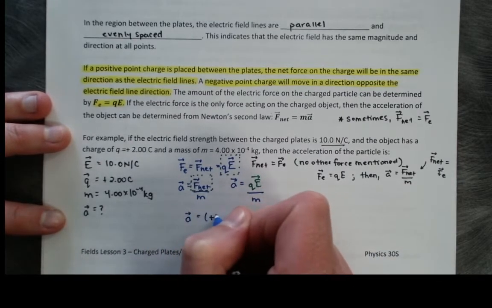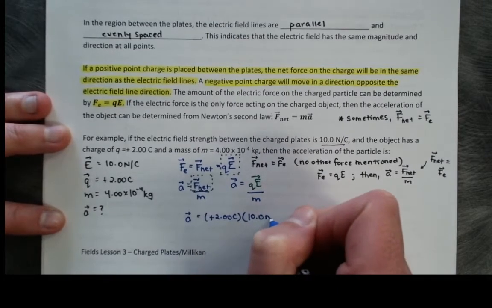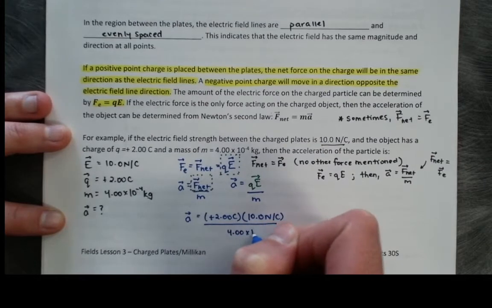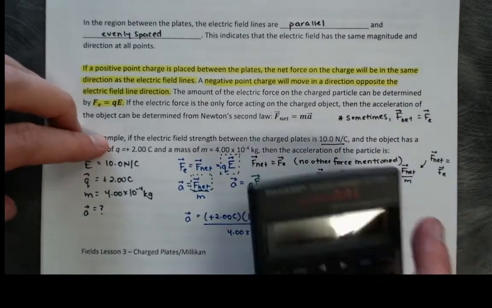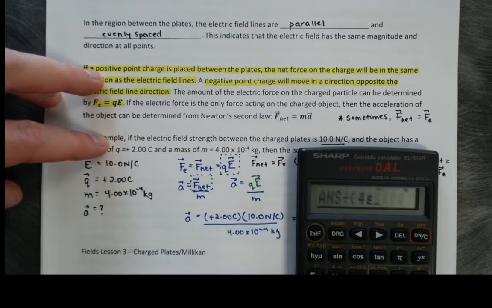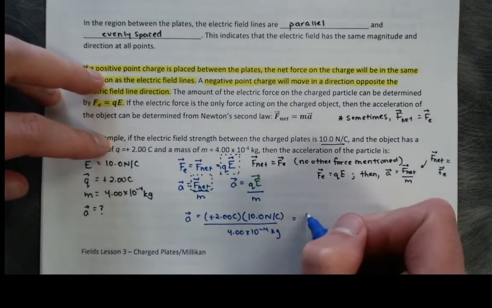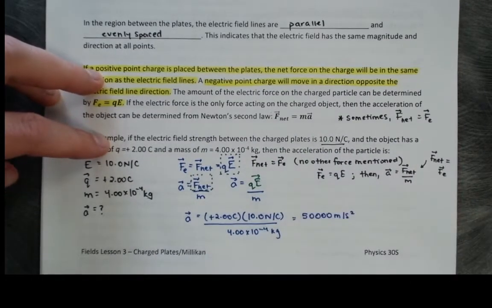So Q was +2, E was 10, mass is 4 times 10 to the negative 4 kilograms. So our acceleration will be 2 times 10 divided by 4 times 10 to the negative 4, which is 50,000 meters per second squared.